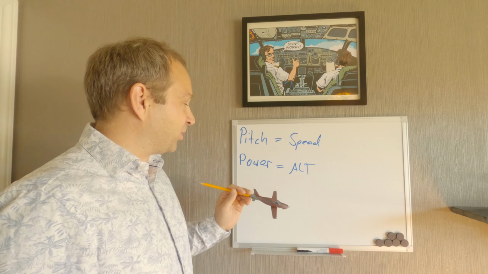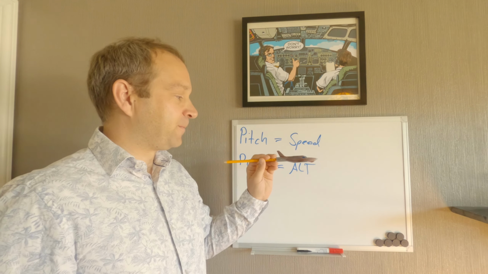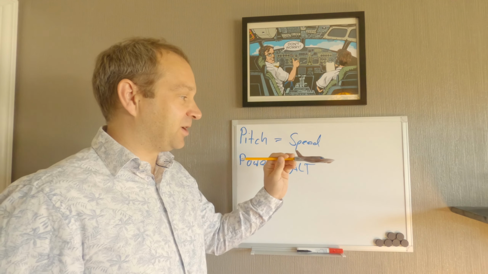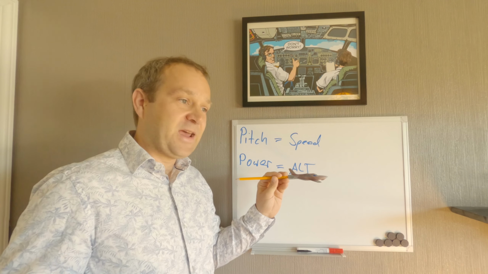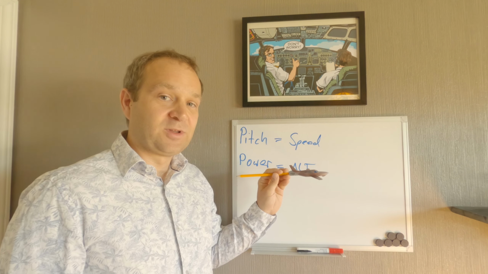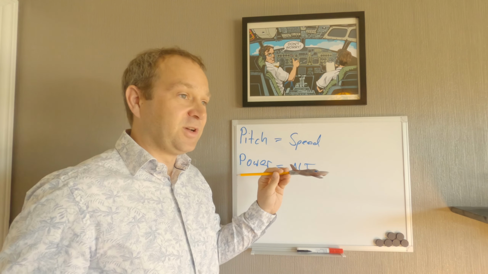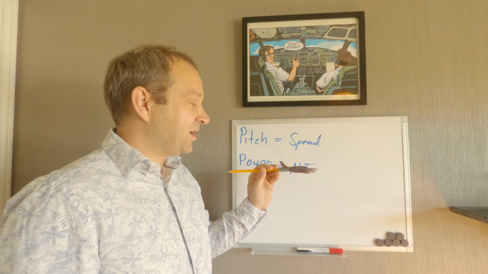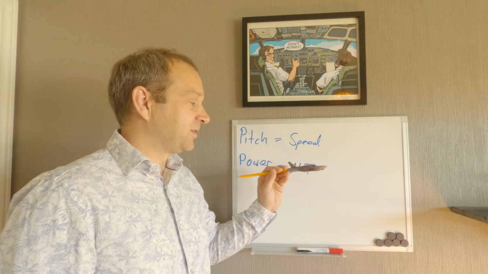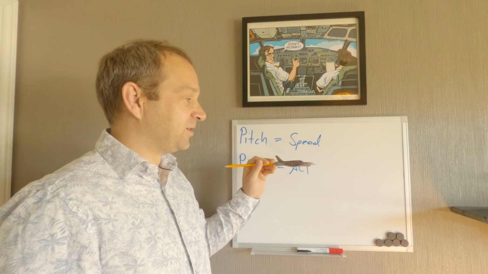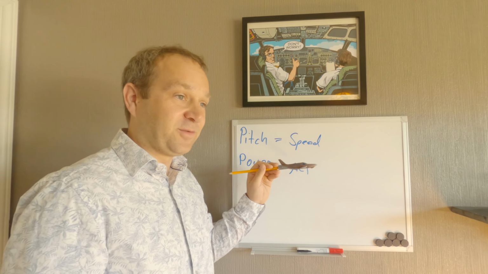Let's come to the second point. Power is altitude. If you fly straight and level at 100 knots, you have trimmed your airplane and now you add some power. This means you have added some energy. What the airplane will do quite rapidly is start to climb, because you trimmed your airplane for 100 knots.